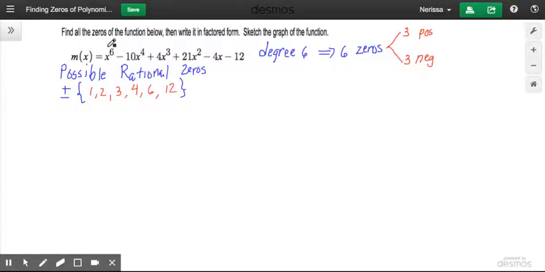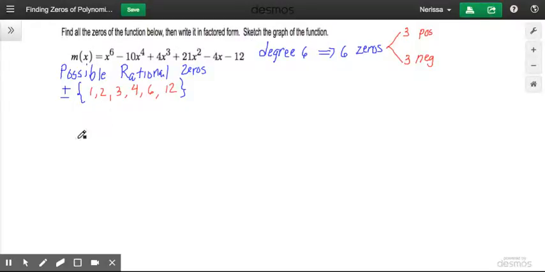So here we're starting at x to the 6th, and then followed by x to the 4th. So we notice that the x to the 5th is missing. And then 4x to the 3rd, 21x squared minus 4x. So if we arrange the exponents from highest to lowest, you have 6 missing a 5, and then 4, 3, 2, 1, and then 0.